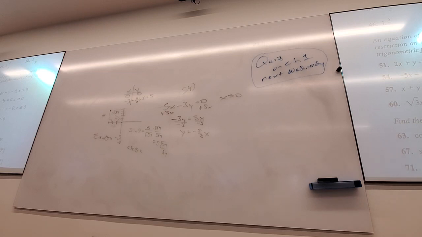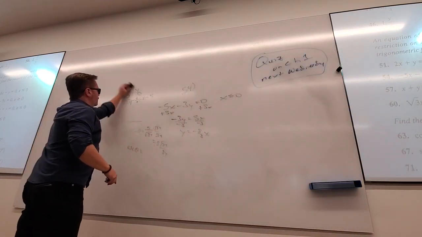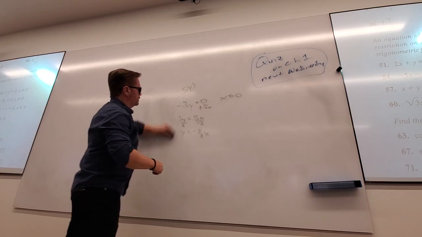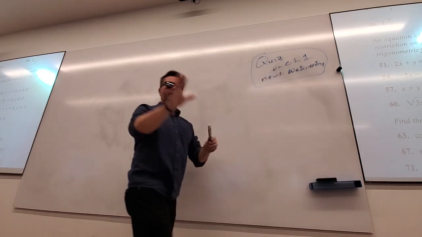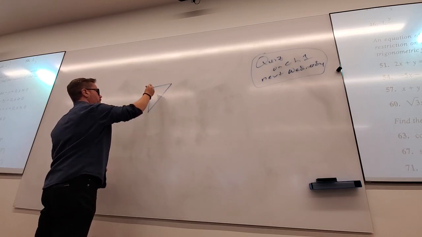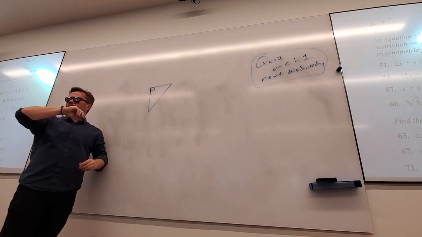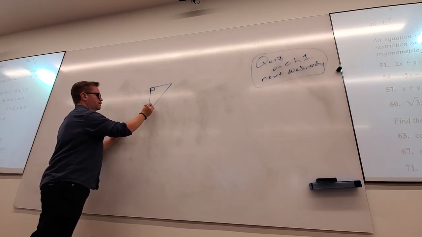Good. I'm glad you're saying this because I almost forgot to tell this. Here's something really interesting. Let's say I have a triangle that looks like this, right? You with me? Let's say the angle is here.